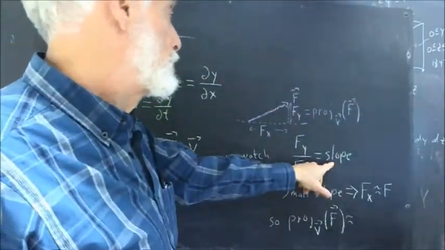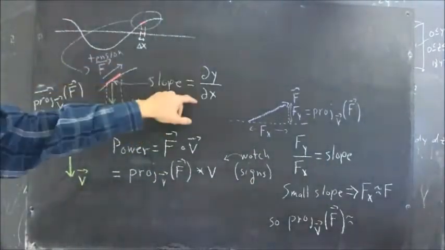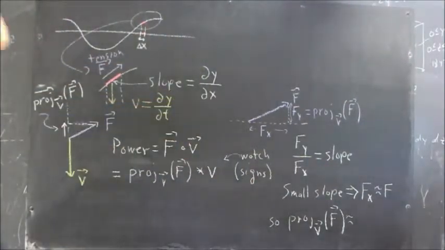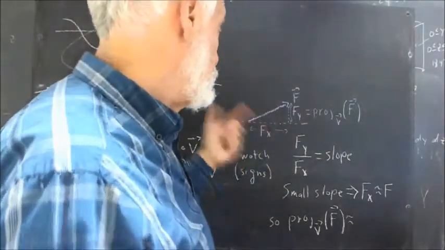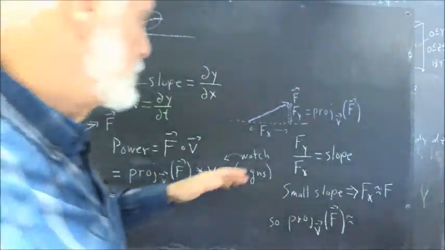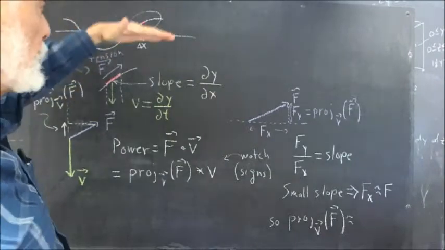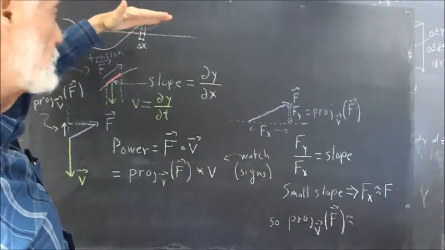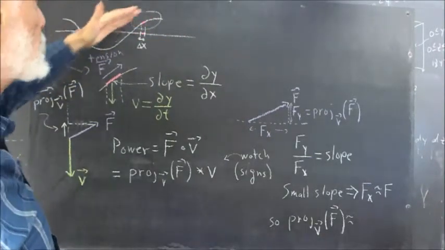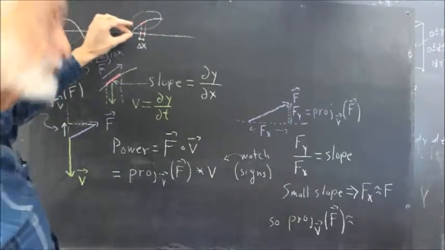What do we know about the slope at this point? Well, we know that the slope is the partial of Y with respect to X. So for small slope, we're exaggerating the Y coordinates here. These displacements are small, and the slopes of the actual string are small slopes.